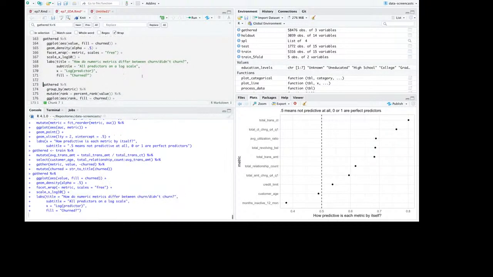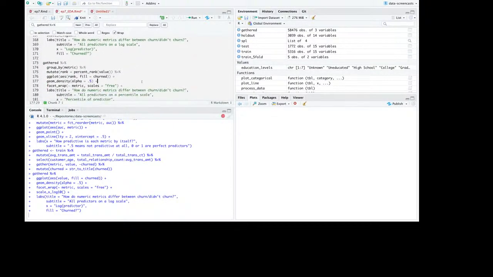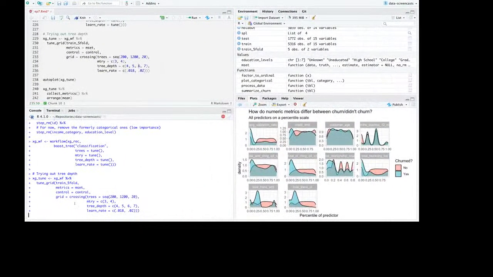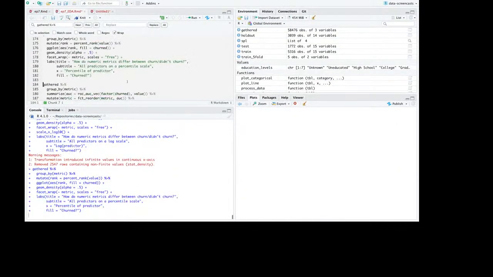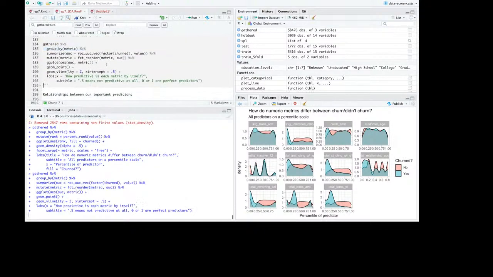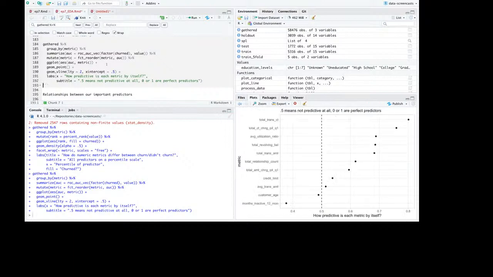Can you believe it? How many did I even do? I should have done two learn rates. That was indulgent. That's all right. So, where's average transaction? Oh, average transaction amount is not predictive on a pure linear scale.